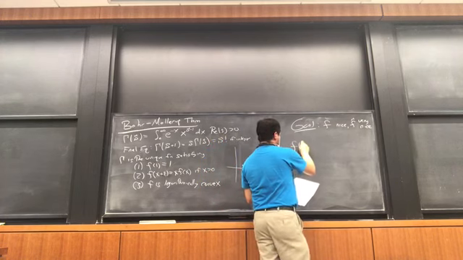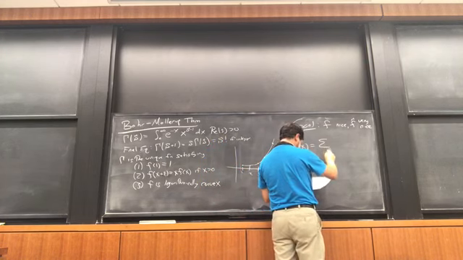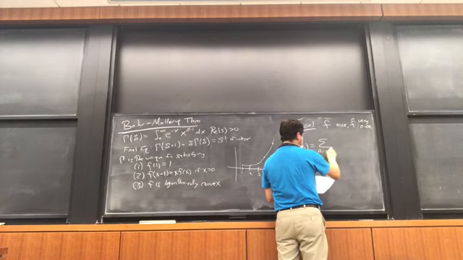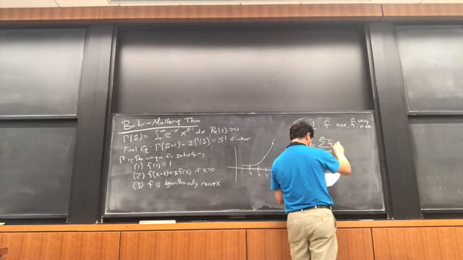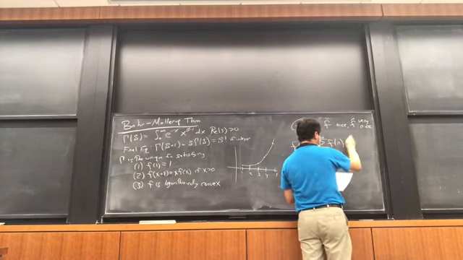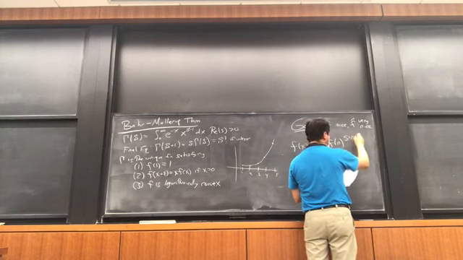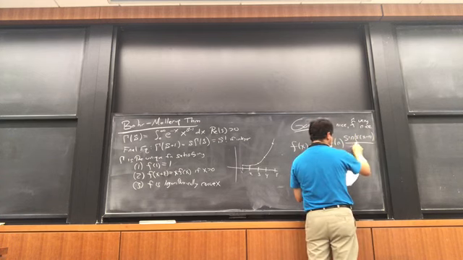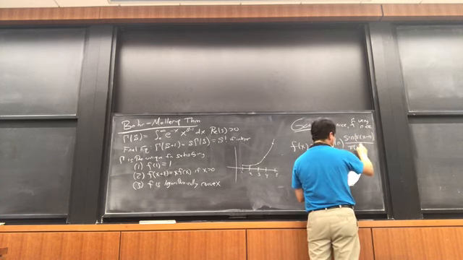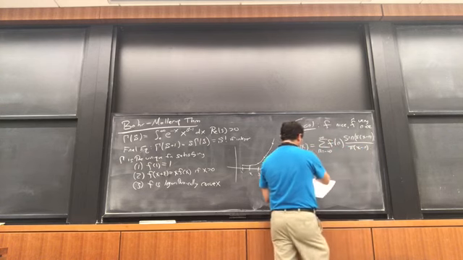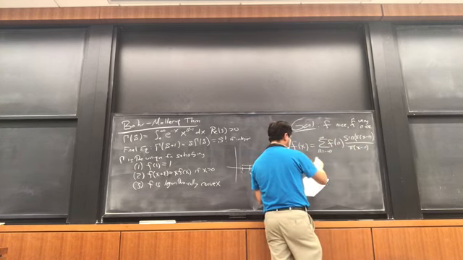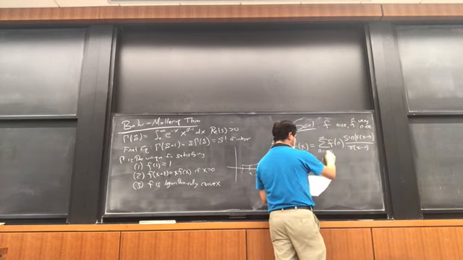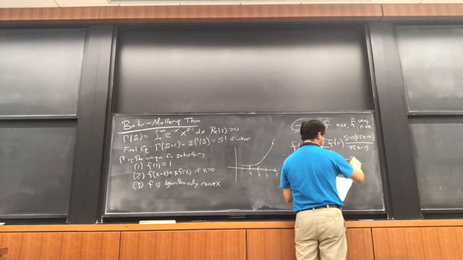Then f of x is the sum from minus infinity to infinity of f of n times the sine of pi times (x minus n) divided by pi times (x minus n). And here I want the support of f hat to live in minus a half to a half.